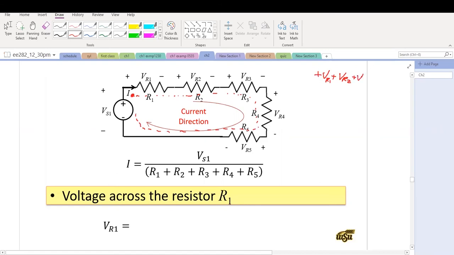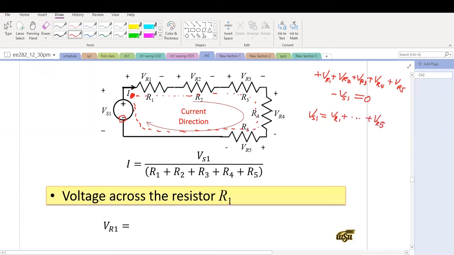So VR3 plus VR4 plus VR5. When I walk to here, I encounter the negative sign first. That will be equal to minus VS1. And I keep walking until I arrive at this point again. That equals 0. Then we have VS1 equals VR1 plus all of those through VR5.